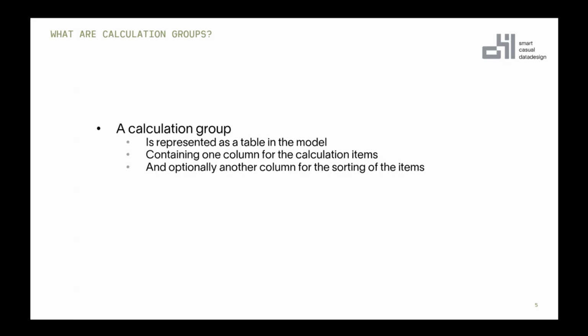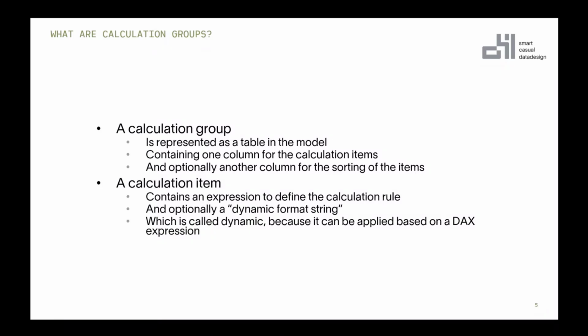So a calculation group is represented as a table in the model with two columns, one column for the calculation items and another column for the sorting of those items. Those calculation groups contain a set of calculation items, and you can define each calculation item individually.